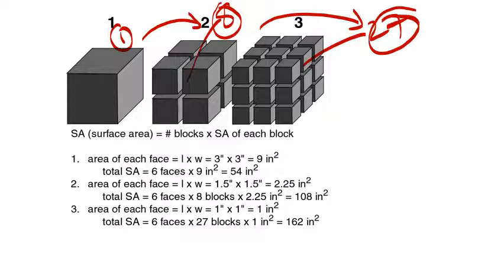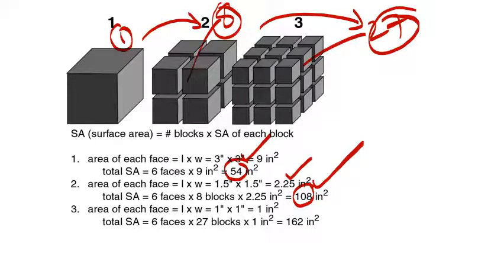And so in the first case, the total surface area is 54 inches square. However, in the second, the total surface area is 108 inches square. Why? Because now you are using 1.5 edge. So for 1 it is 2.25.